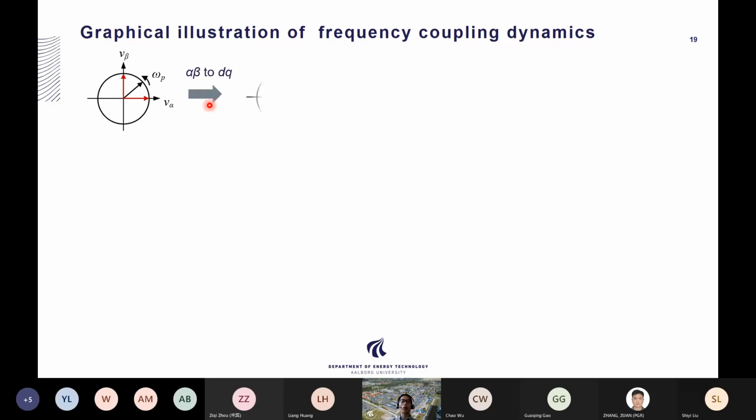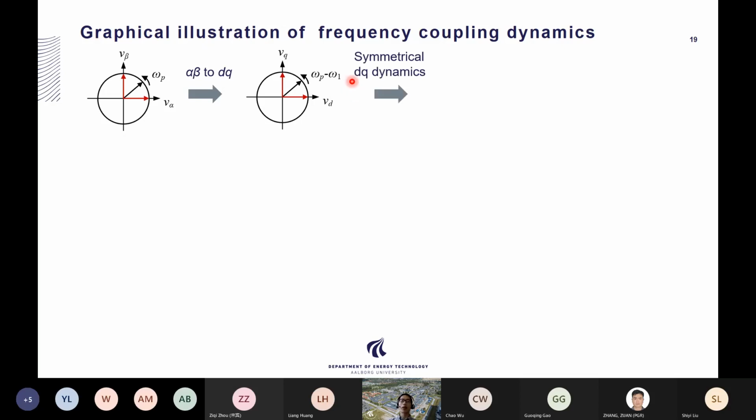Then we transform this perturbation into the DQ frame, because the control is normally implemented in the DQ frame. And from alpha-beta to DQ frame, this is a simple frequency translation. So that means the frequency in the DQ frame is omega p minus omega 1.